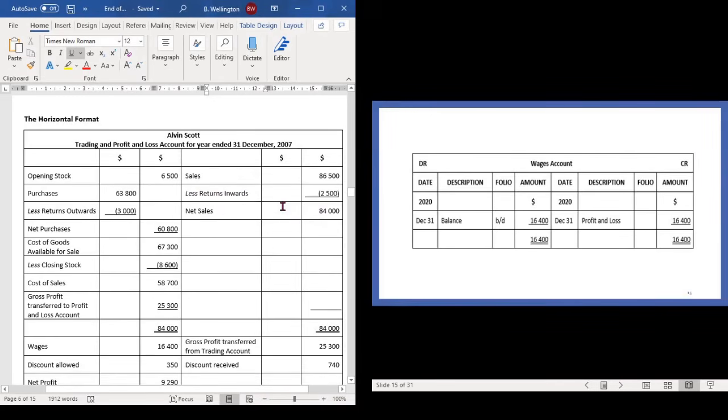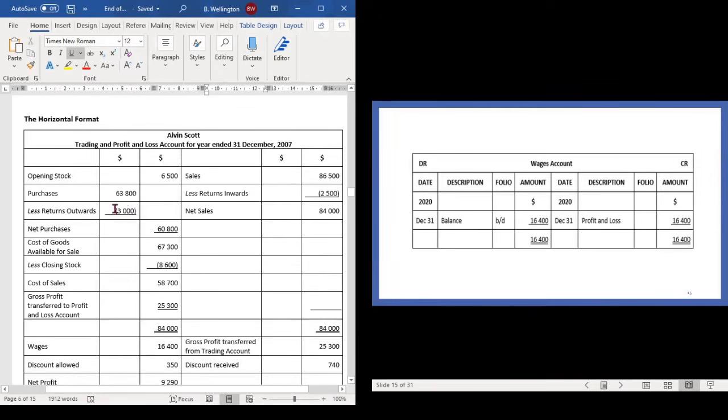Yes, net sales is one of those items that we want to show. We also want to show net purchases. Here it is. By deducting returns outwards from our purchases figure, we can see net purchases. We want to show net purchases because we don't want to include in our purchases those items that we had returned to the suppliers.